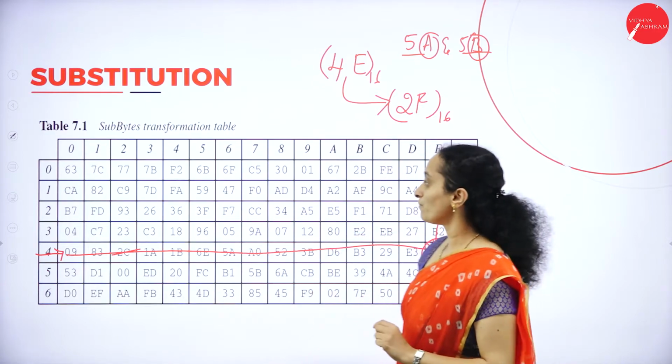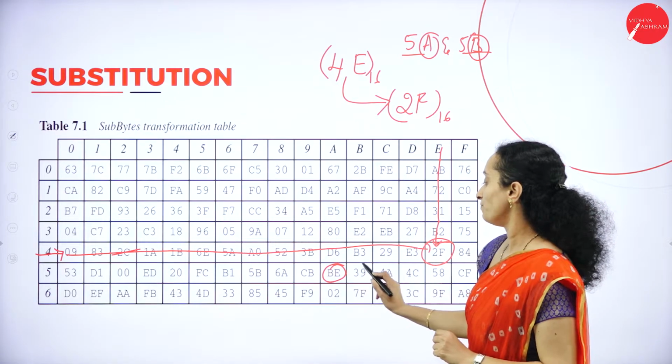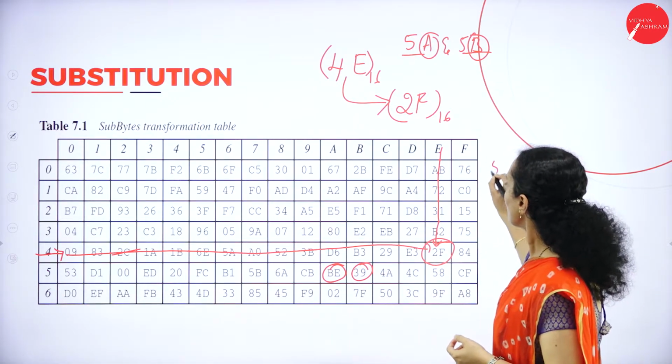But when you transform these values, 5A and 5B give two separate bytes.